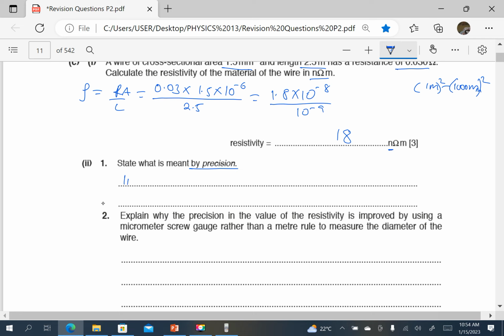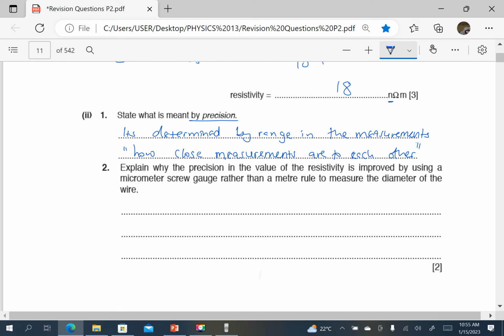So I will say precision is determined by the range in the measurements, that is how close measurements are to each other. How close measurements are to each other, that is precision.